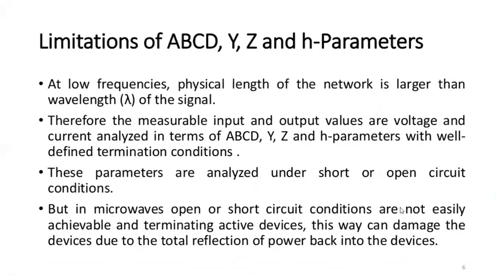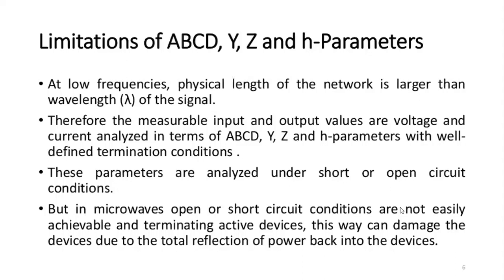Now the first reason: at low frequencies, the physical length of the network is larger than the wavelength of the signal, which I have told you already. If you consider lower frequencies, the wavelength will be larger, so the physical length of the network will be comparable to the wavelength.